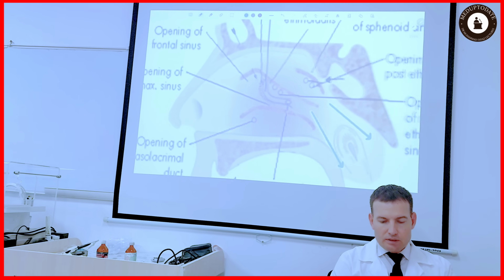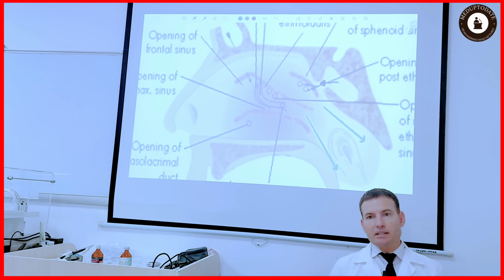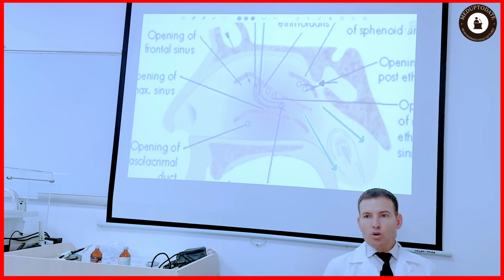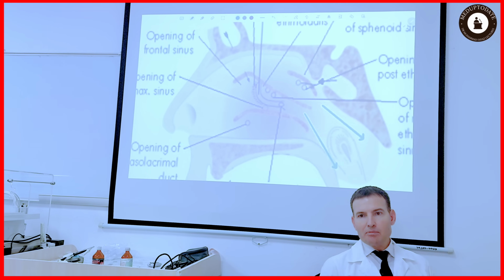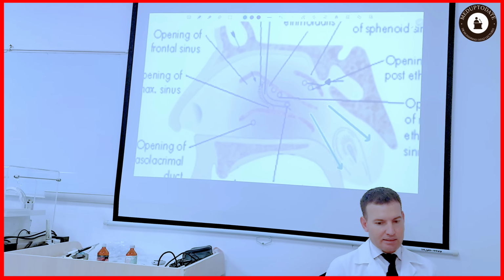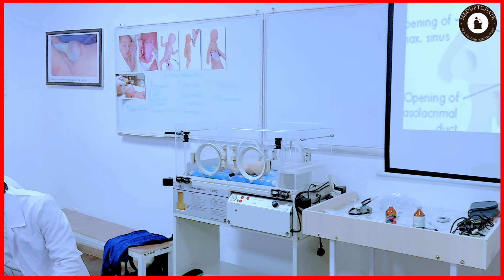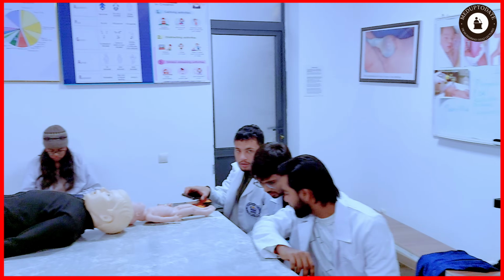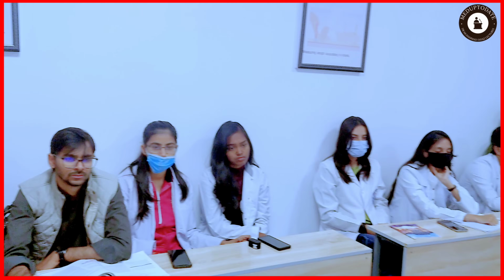First of all, let's start from the boundaries of the nasal cavity. We will start from the roof of the nasal cavity and the bones forming it. Superiorly, here we have the ethmoidal air cells. Half of this roof is formed by the ethmoidal bone, and half of this roof is formed by the sphenoidal bone.